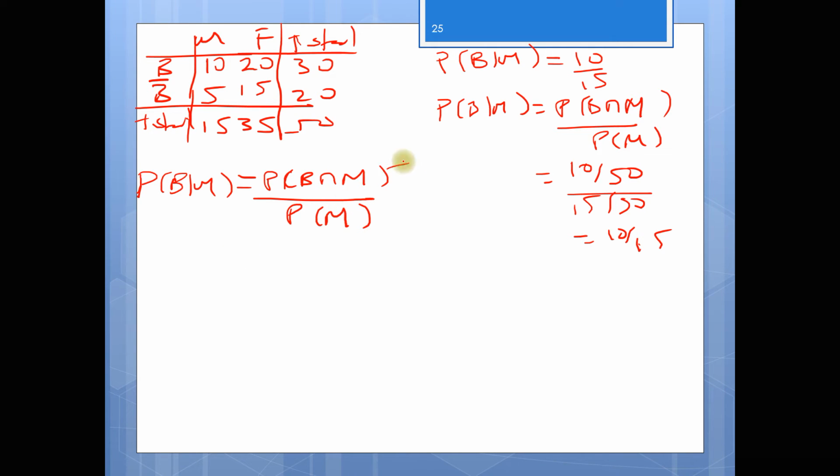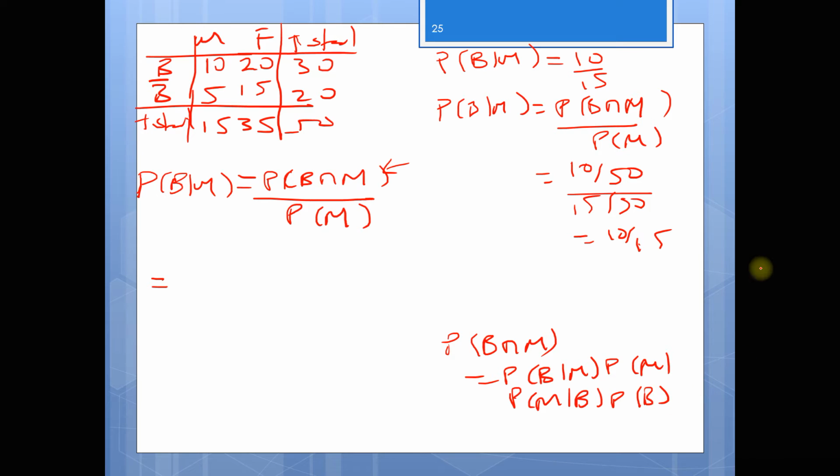But let's try to apply a little bit these different concepts that we learned earlier. If I am interested in the probability of B intersection M, we learned earlier that it is equal to the probability of B given M times the probability of M, or the probability of M given B times the probability of B.